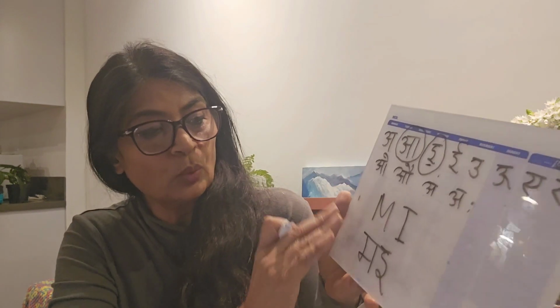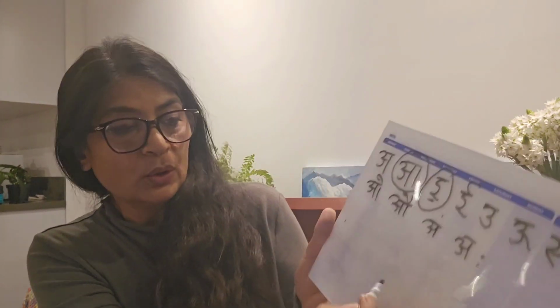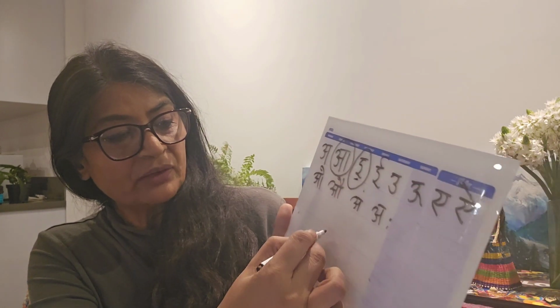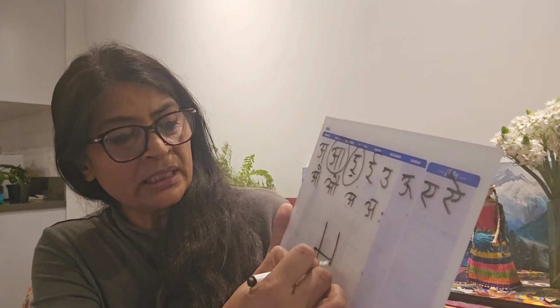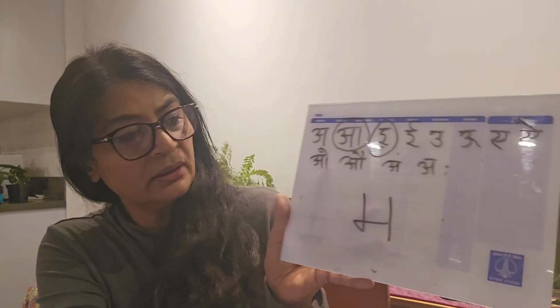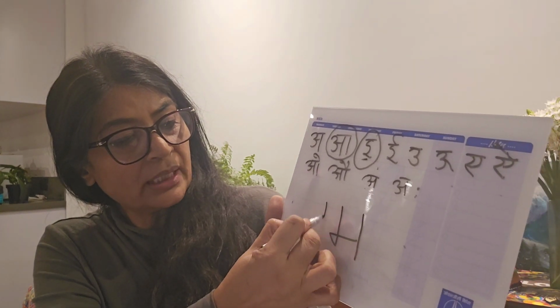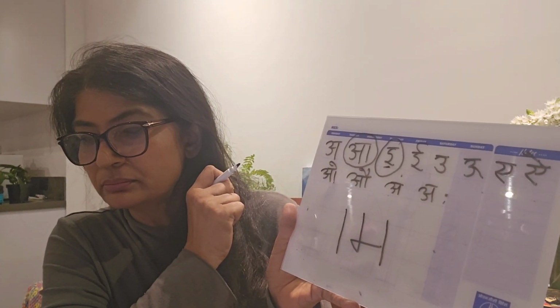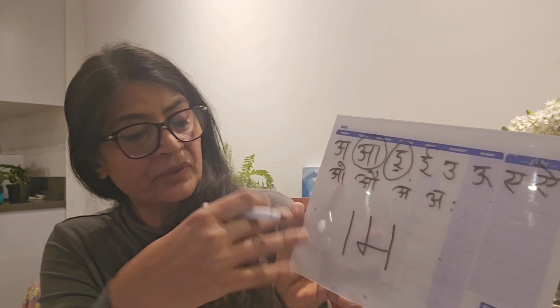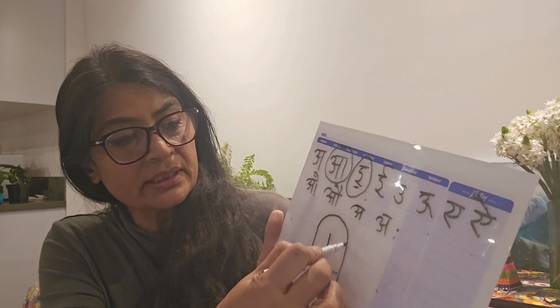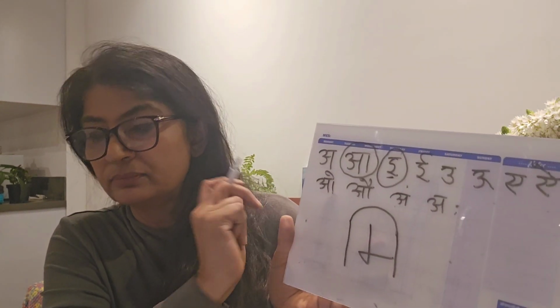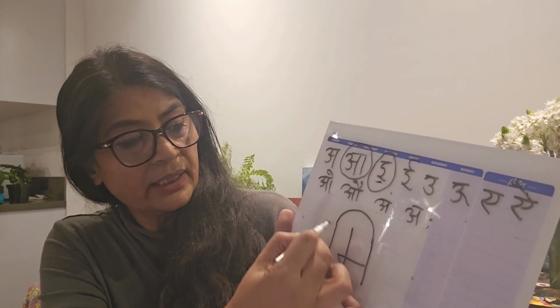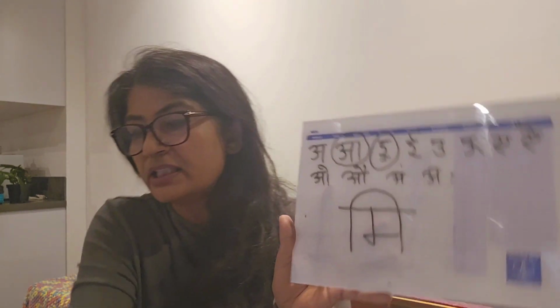So what I do is, if I want to write me, I have my M here. I put a line here before, and I do this. And I put a line, this is my me.